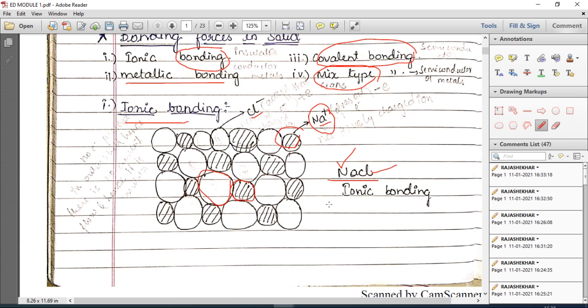When there are no free electrons, there is no possibility of the flow of current. Because of this, sodium chloride acts as a good insulator. Like this, ionic bonding is preferred for insulators.